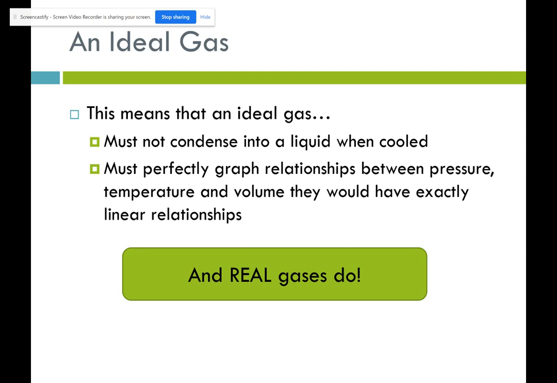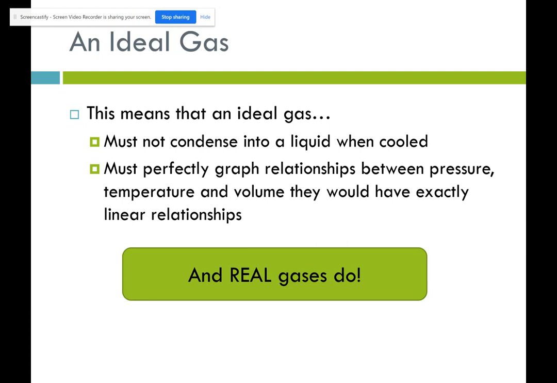And this is why. An ideal gas would never condense into a liquid when it's cooled, which we know real gases do. And it must perfectly graph those relationships between pressure, temperature, and volume we learned earlier in the week. And they would have exactly linear relationships. Now, we see that the relationships are pretty close to linear in most cases, but there are places where those relationships vary off a bit in extreme conditions.